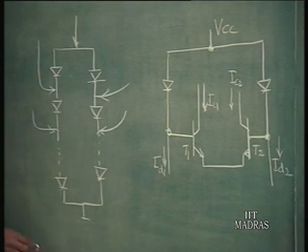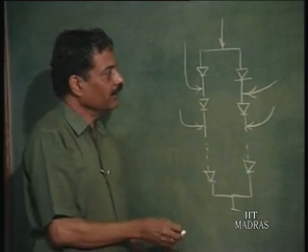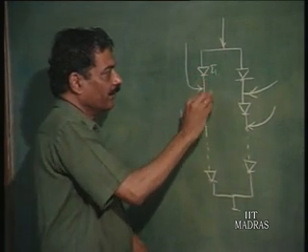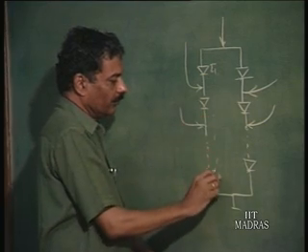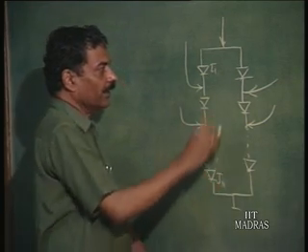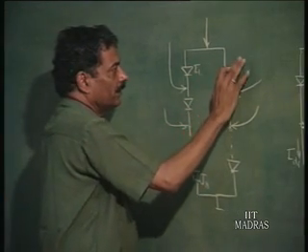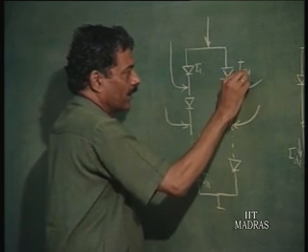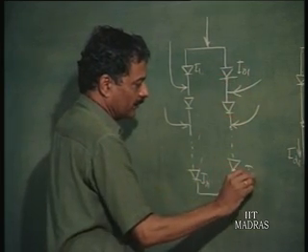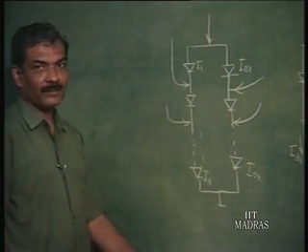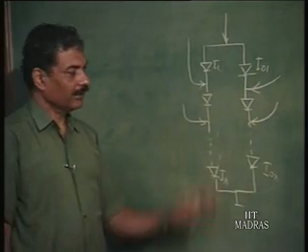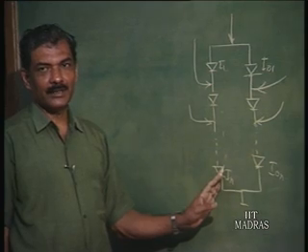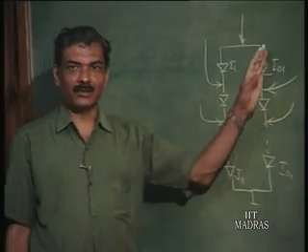If that is the case, then the product of the currents in each of these diodes, let us say this is I1 up to In, and this will be, let us say, I01 up to I0n. The product of the currents of these anti-clockwise connected diodes is the same as the product of the currents in this.